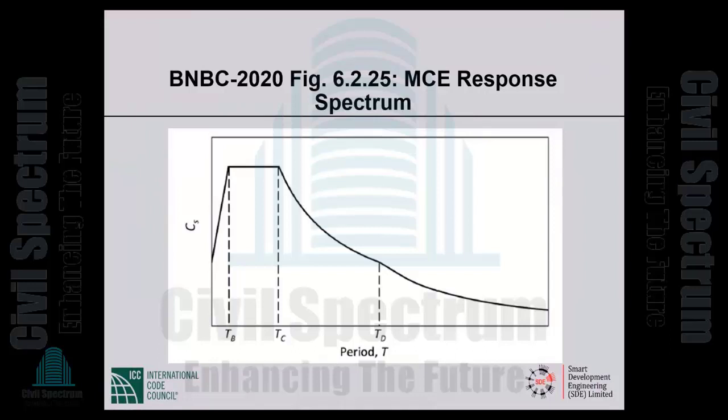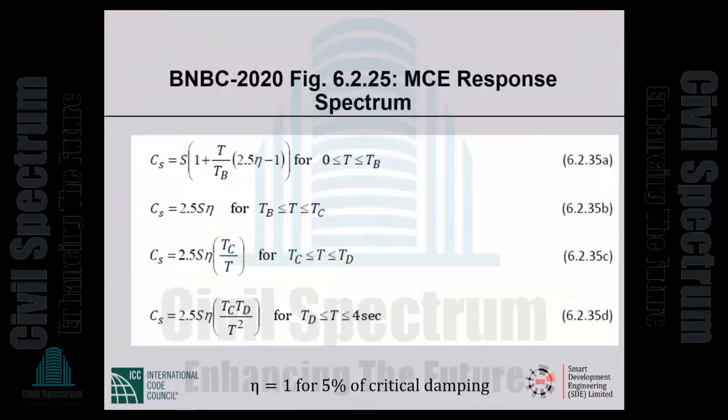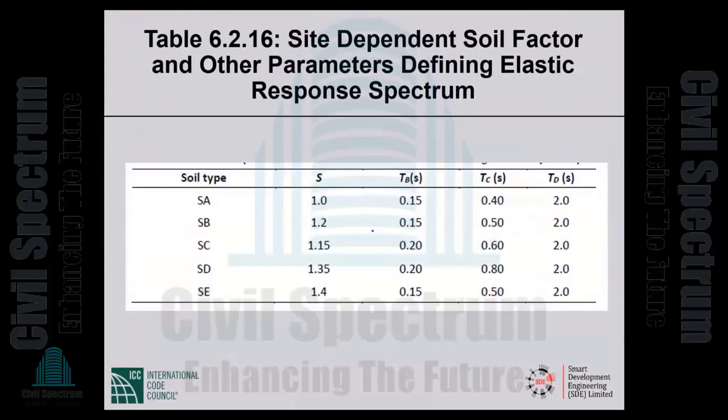The BNBC spectrum, it is the MCE spectrum. I keep on saying, you have seen it many times now. The equations for the branches I have shown you. I have also told you that eta is 1 for 5% of critical damping.